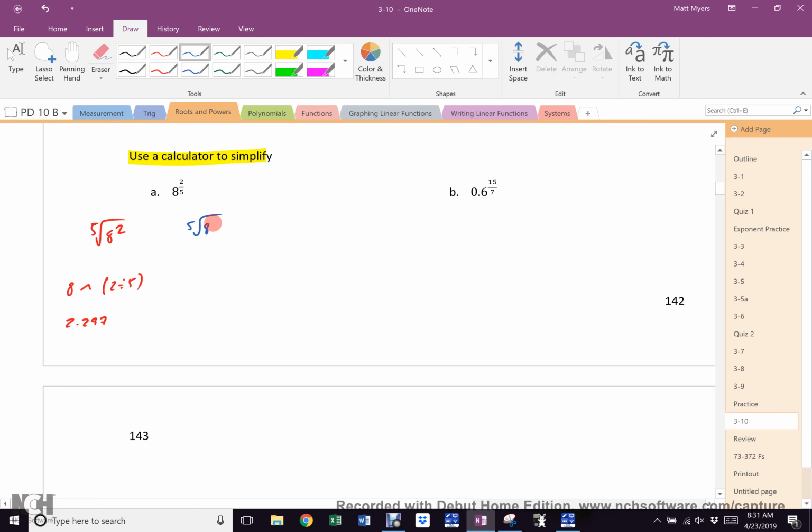Fifth root of 8 squared. Can I simplify that in any other way, keeping it as a radical and working without my calculator? Well, isn't that the fifth root of 64? And isn't 64 2 to the 6th? Can I get a fifth root out of there? 2, fifth root, what do I leave under there?